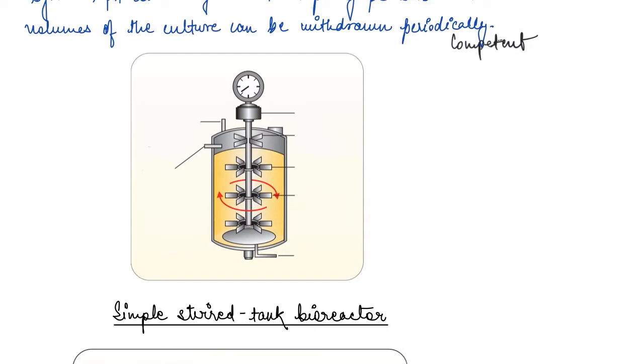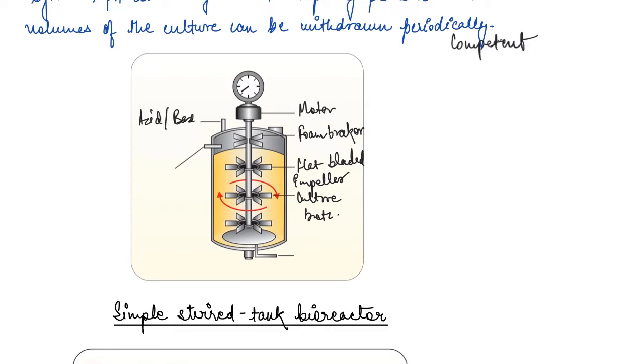Okay, so guys, the first diagram that you see is nothing but a simple stirred tank bioreactor. So you have a motor, you have a foam breaker, you have a flat bladed impeller, you have a culture broth, you have acid base, basically for pH control, you have steam, which is for sterilization.